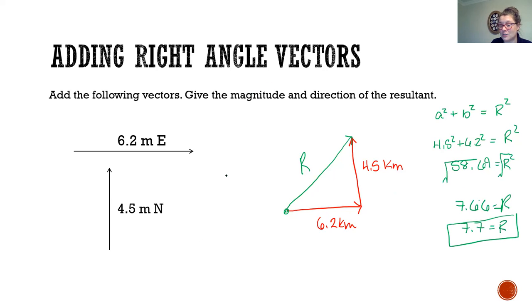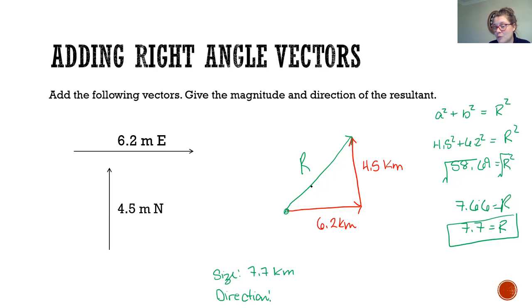So the magnitude, all right, size, because I know I can spell it. The size of the vector is 7.7 kilometers. Now, what about the direction? Well, we could say northeast, but northeast how much? I mean, northeast is pretty vague.